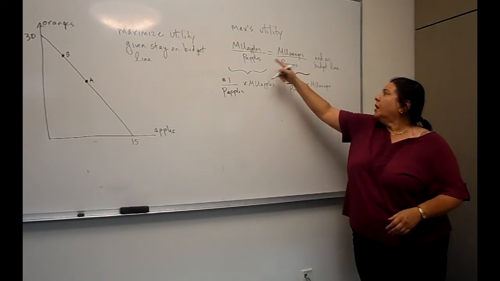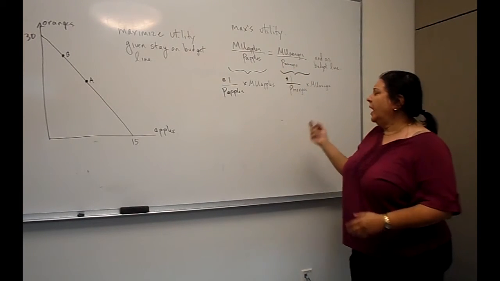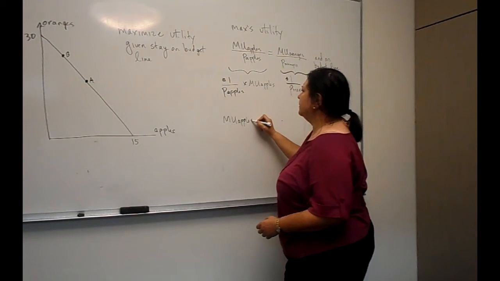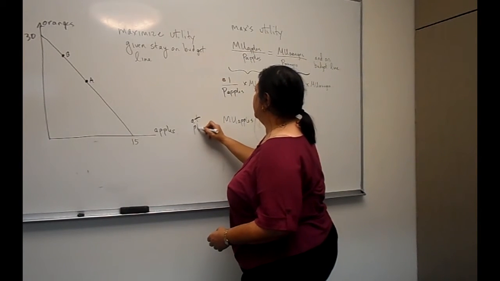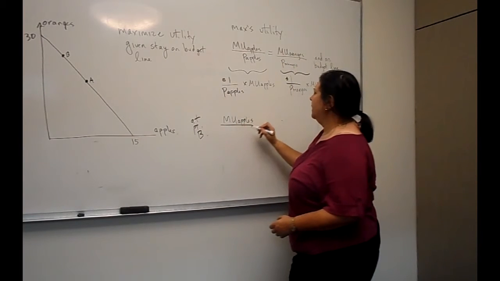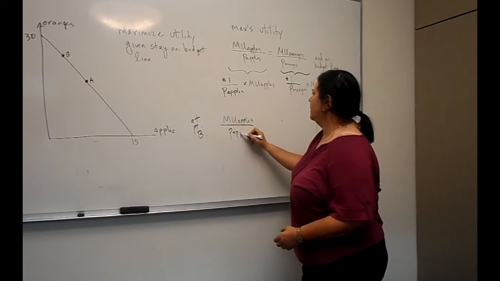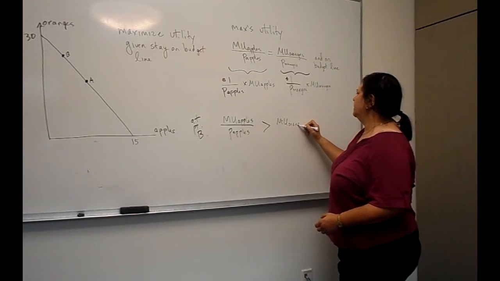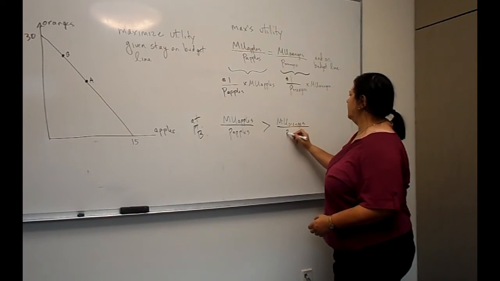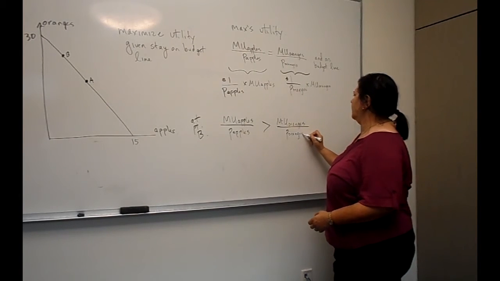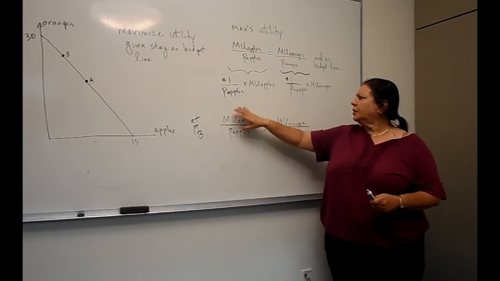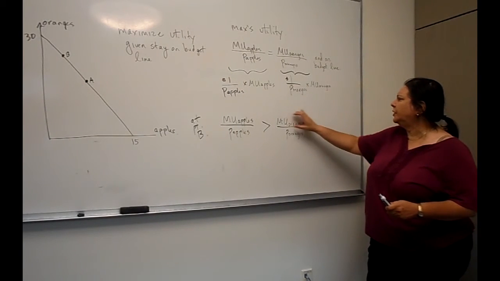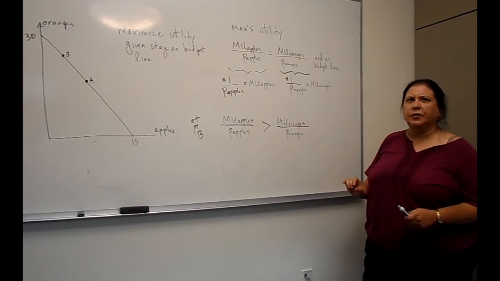Well, these ratios aren't going to be equal, and in fact, what's true at point B is that the marginal utility of apples divided by the price of apples is greater than the marginal utility of oranges divided by the price of oranges.